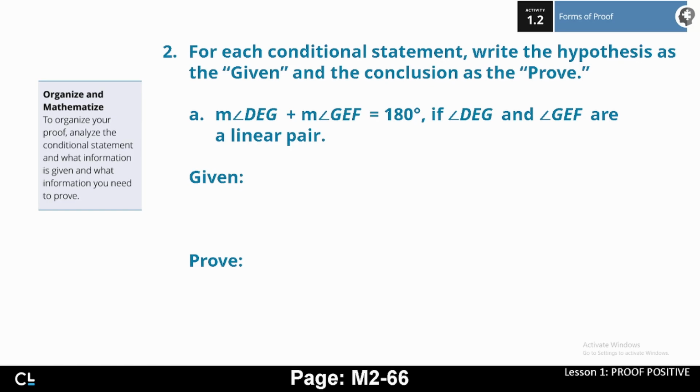So we could always write these out as conditional statements too. So our first one says if the measure of DEG plus the measure of GEF equals 180, if angle DEG and angle GEF are a linear pair. So what's our given, right? It's saying, well, if this is a linear pair, so that's our given.